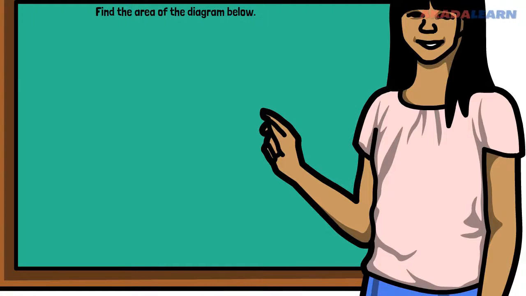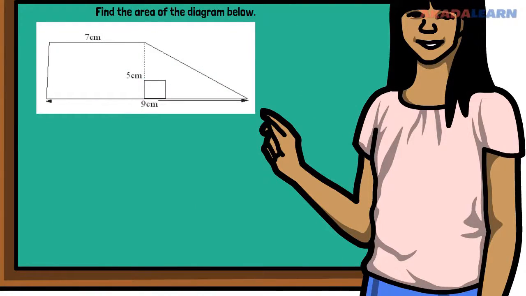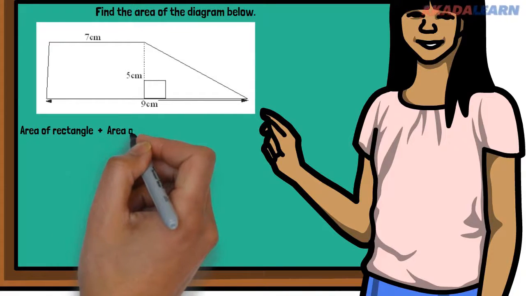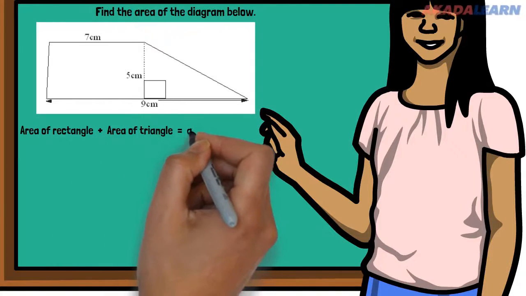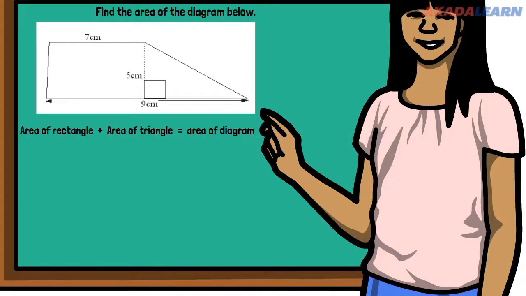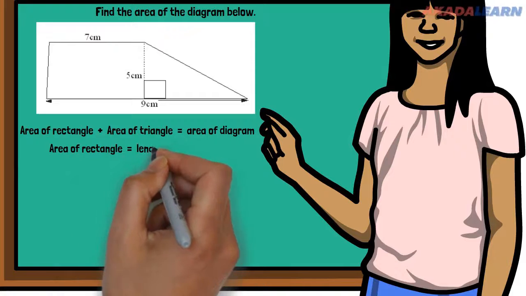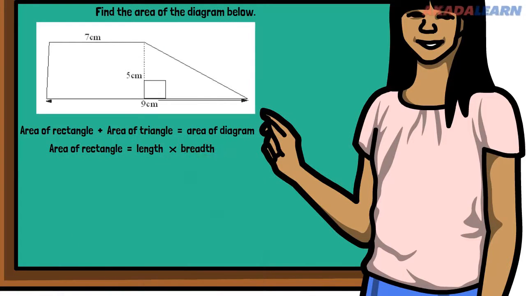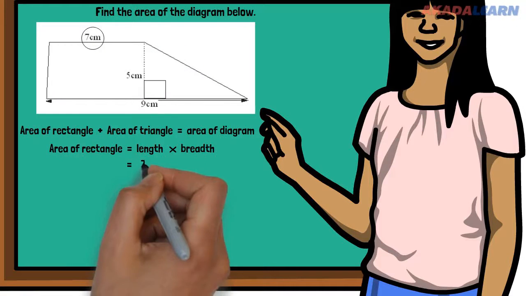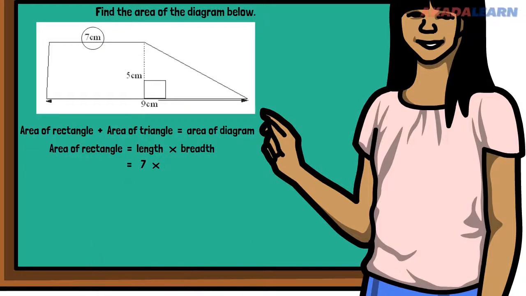So let's look at the diagram. You can see that it's a combination of a rectangle and a triangle. So area of rectangle plus area of triangle is equal to the area of the diagram. So let's find the area of the rectangle first. That's length times breadth. The length we know is 7 cm and the breadth we know is 5 cm.